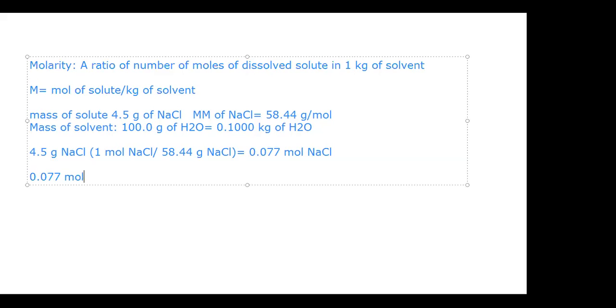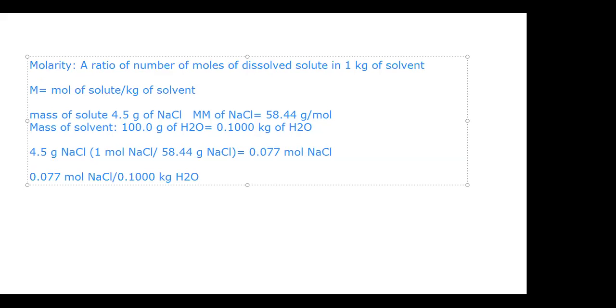So we've got 0.077 mole NaCl, and that is going to be divided by 0.1000 kilograms H2O.